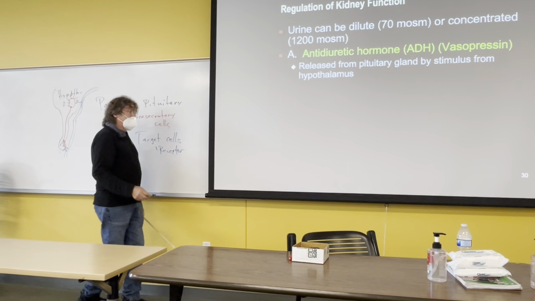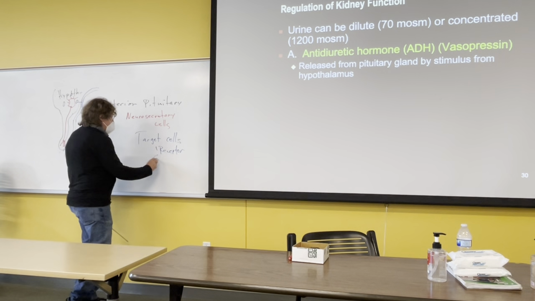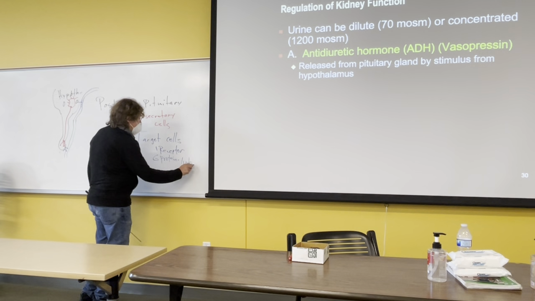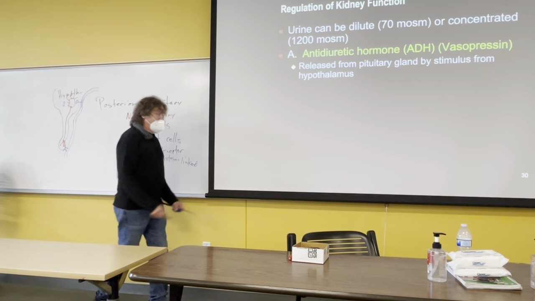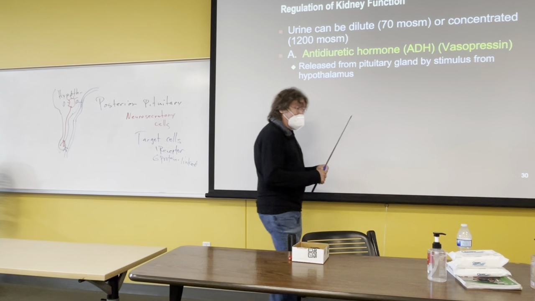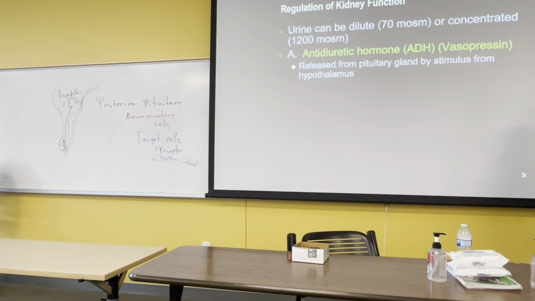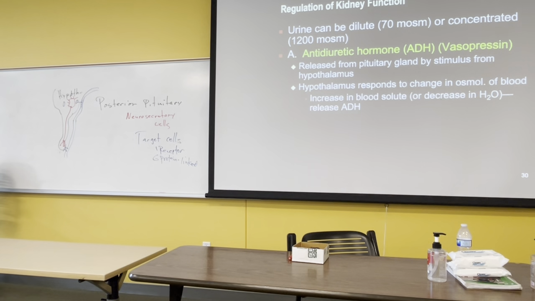This is a G protein linked receptor, and it's only found in cells in the collecting duct. So nothing in the body can respond to it except for those particular cells. So this is responding to a change in osmolarity, or a decrease in water content.